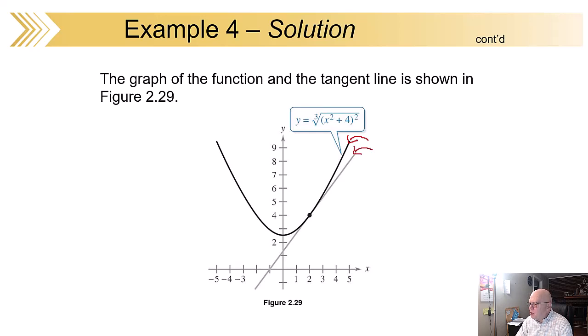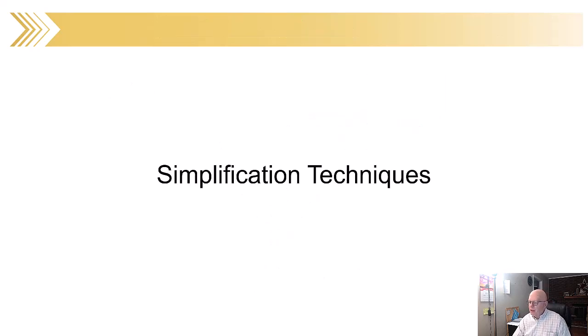Graphing these two on your graphing calculator, your TI-84 perhaps, this is really neat because you get to see the function itself, you see the tangent, and you see how it's exactly tangent to it at 2, 4. Everything comes together with a graphing calculator quickly too. So, some simplification techniques. It's always good to have it simple, right?